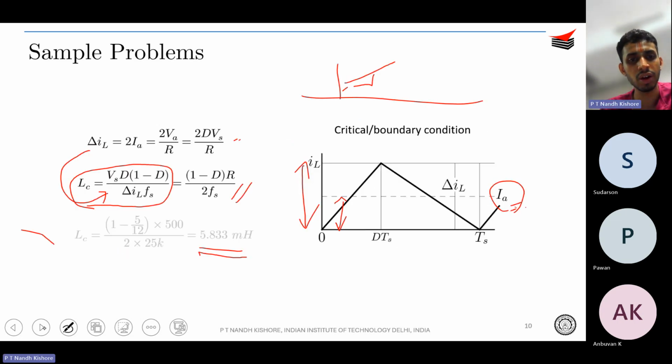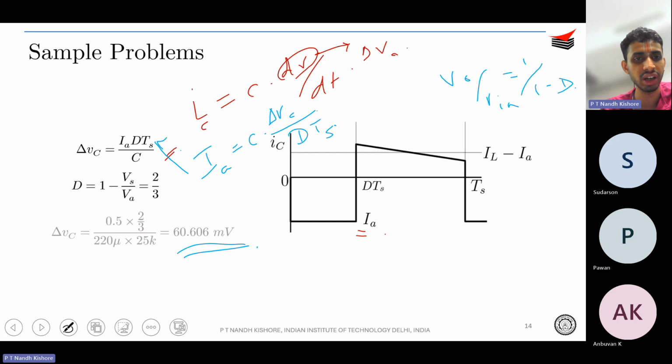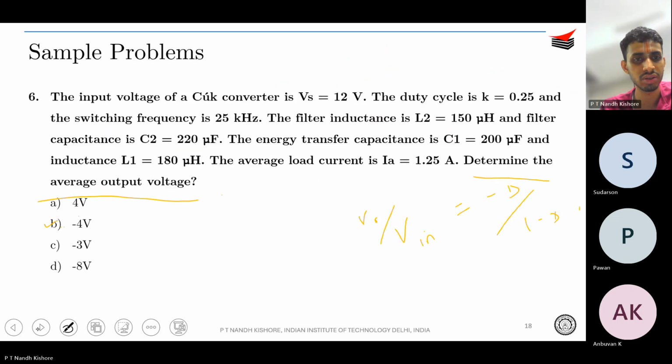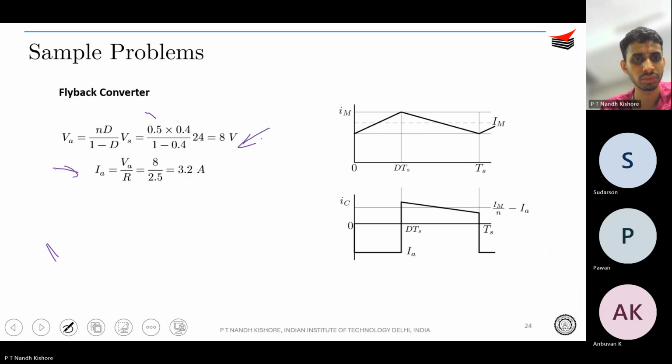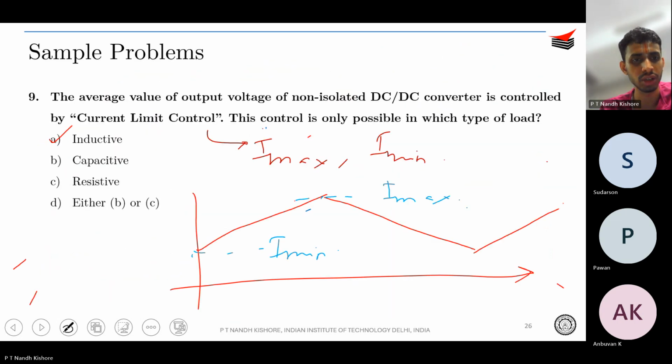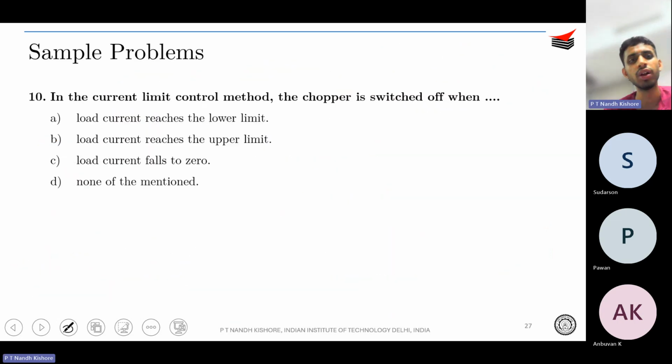Anyway, so this is for an inductive load. That was the question, right? In the current limit control method, the chopper is switched off when what? When the load current reaches the lower limit, upper limit, or load current falls to 0? None of them mentioned.